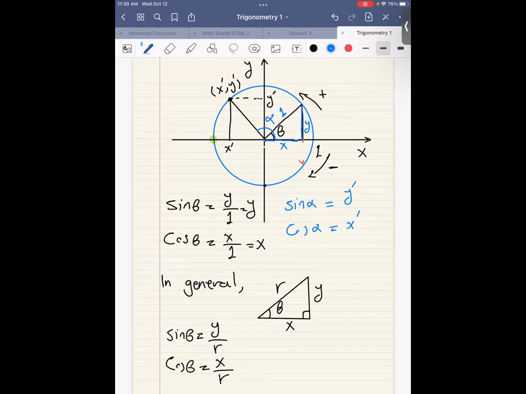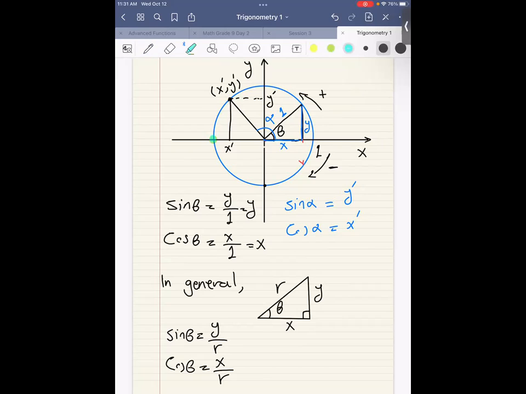What about pi? What is sine of pi? If theta is equal to pi, then what is the value of y? Look at this picture. Pi means this point.